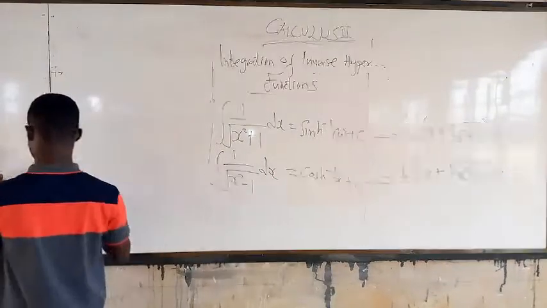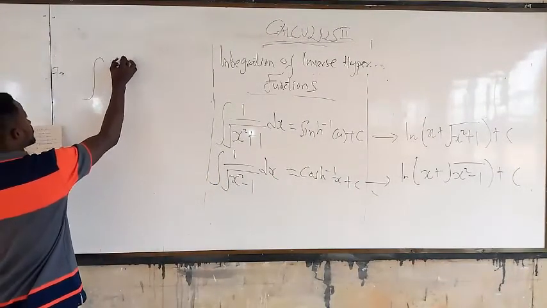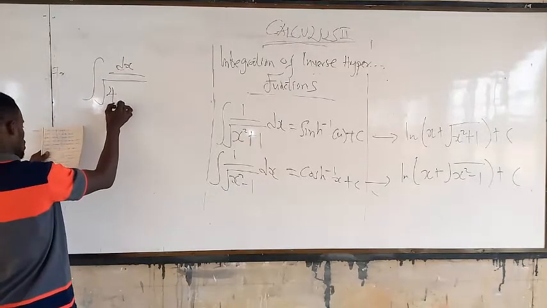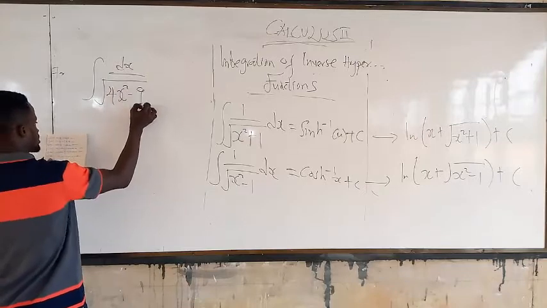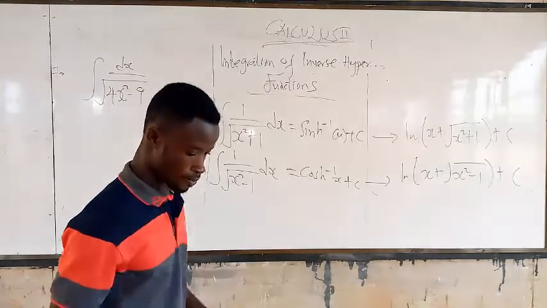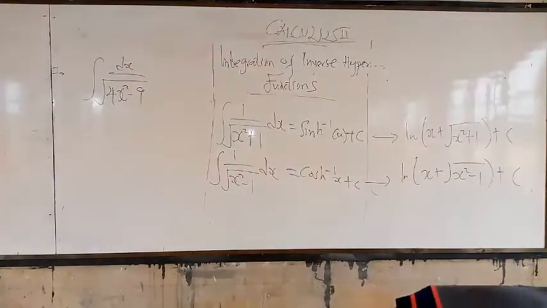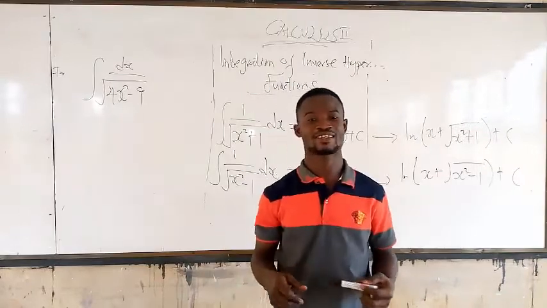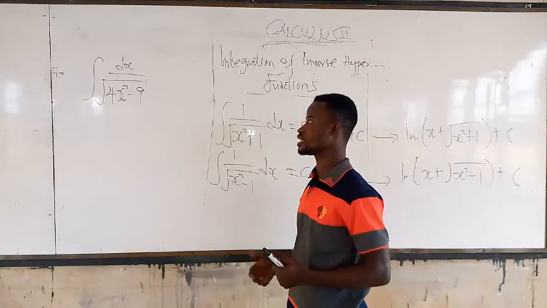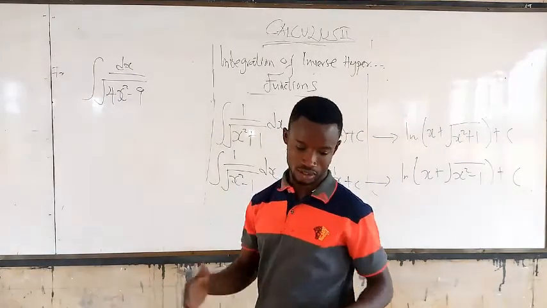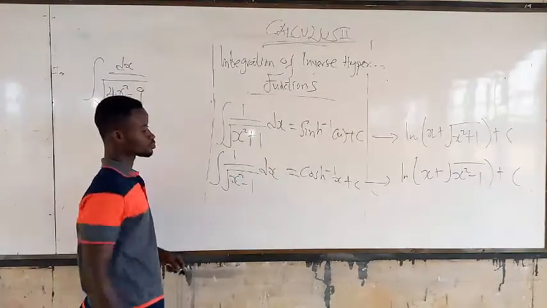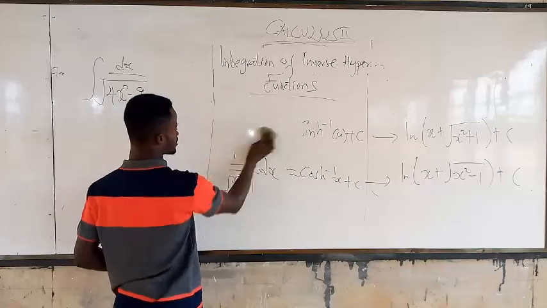So let's solve ds over square root of 4s squared minus 9. Please don't forget that it can be a case that you'll be having it in a definite integral. It can be a definite integral.